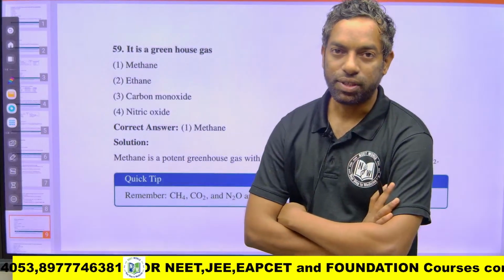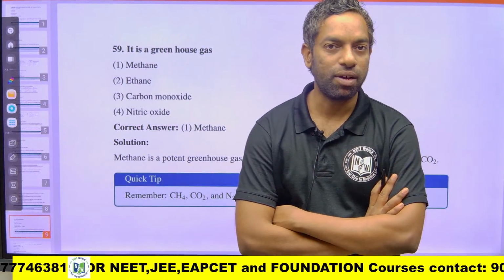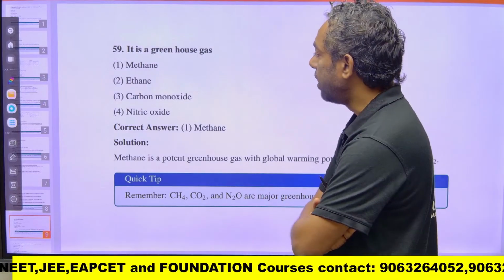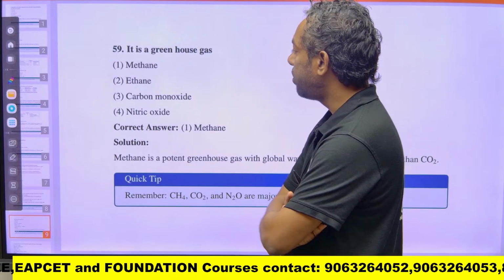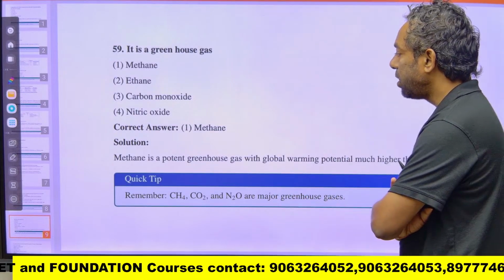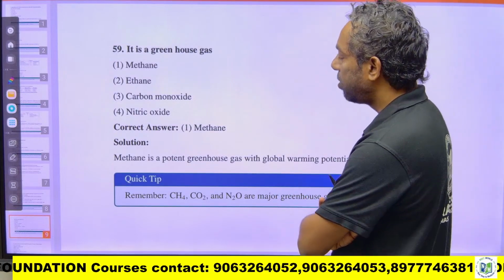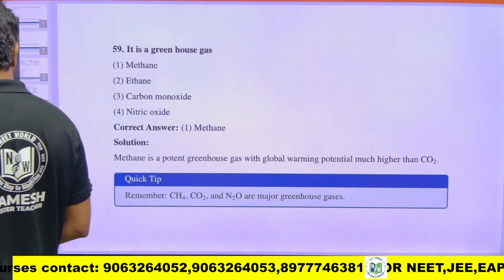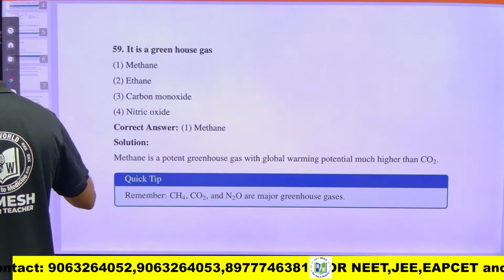It is not about the greenhouse, it affects the respiratory system, causing inflammation in human beings. And nitric oxide is also not a greenhouse effect. Methane is the correct answer for this question, guys. Next question.